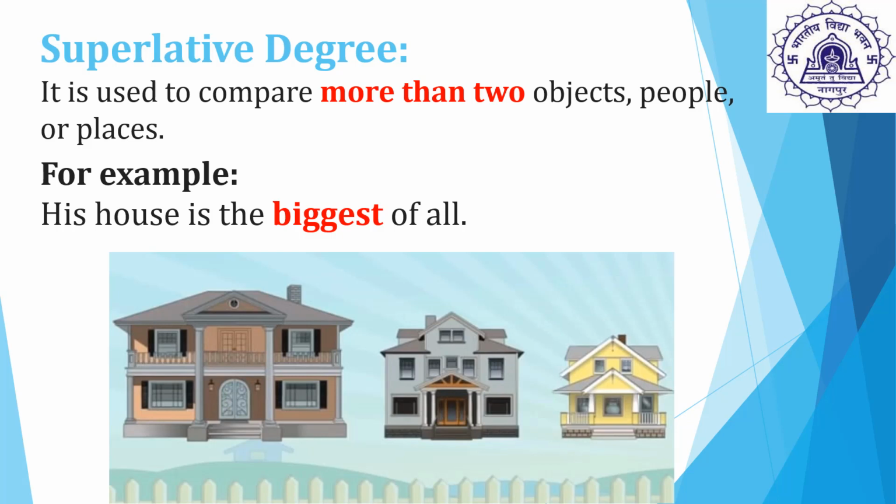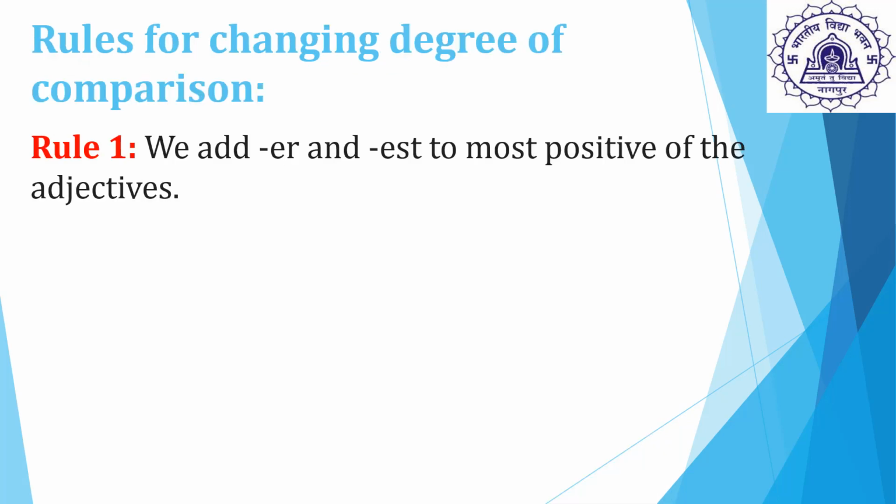So amongst all the three houses, the one we are seeing in the picture on the left hand side, it is the biggest of all. So the superlative degree will always have the article the before it, because it is the greatest of all, as you can see in the picture.